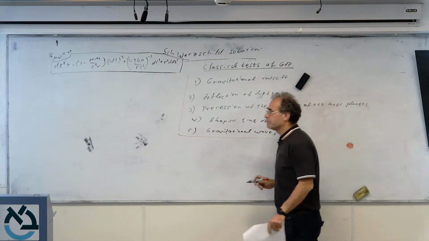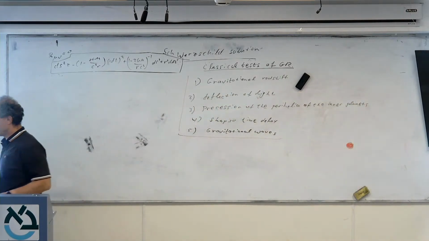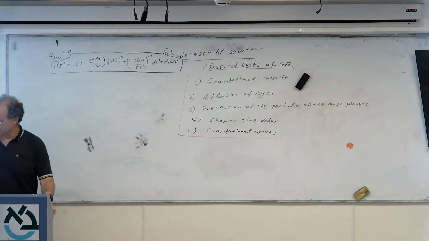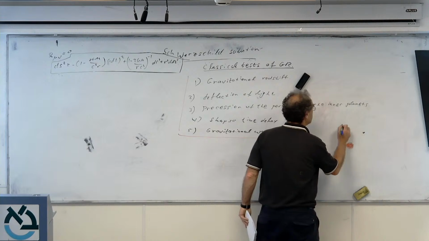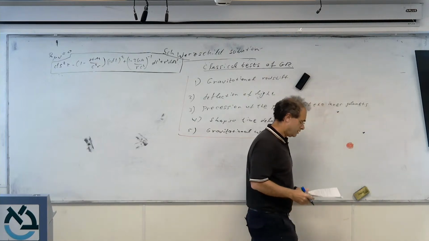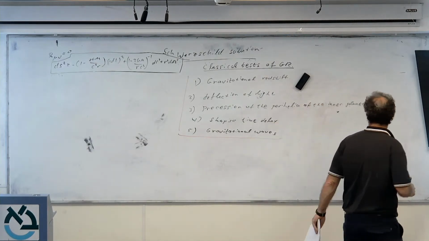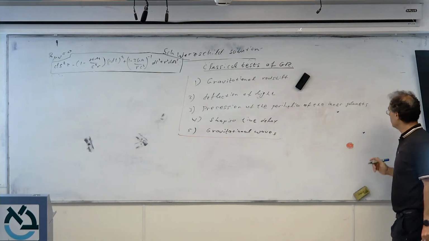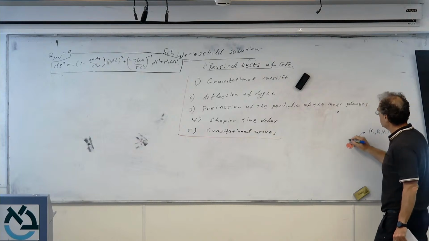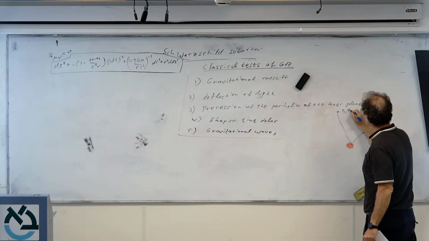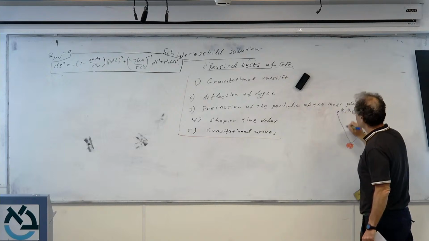Let's put one observer here, and the second observer here. Each observer is fixed and has its own location. So this would be R1, theta 1, phi 1, and this one is at R2, theta 2, phi 2.